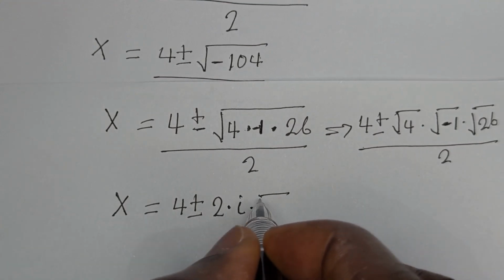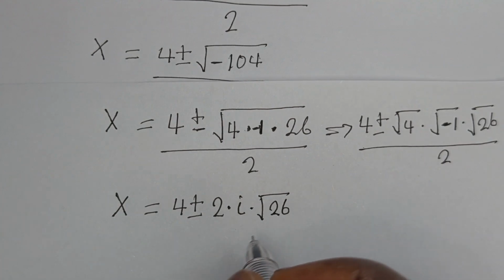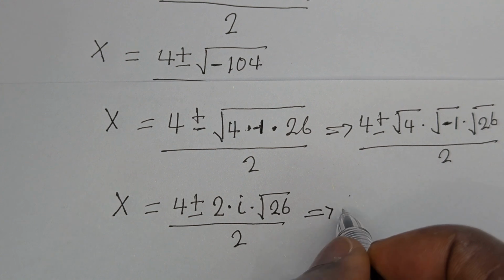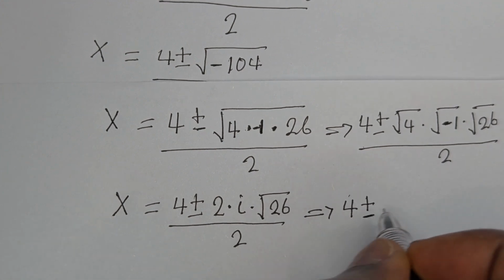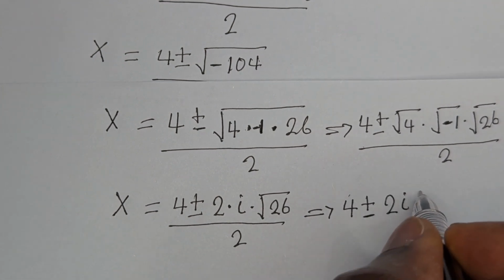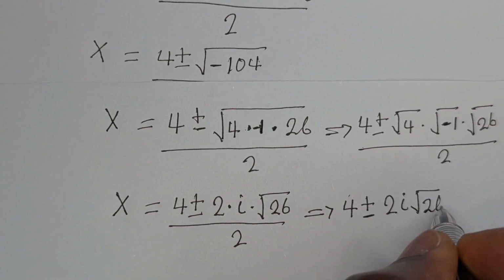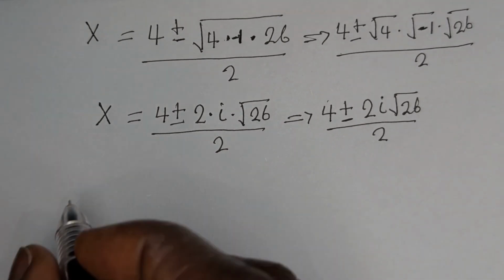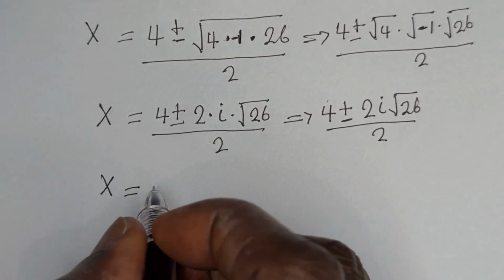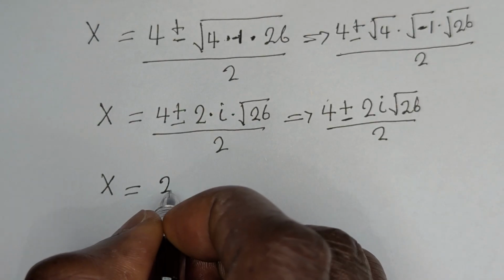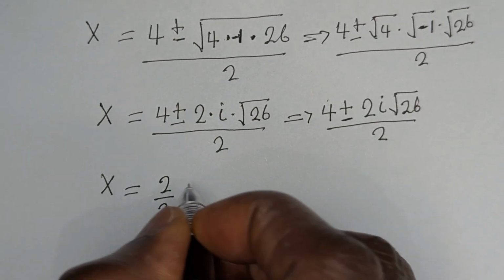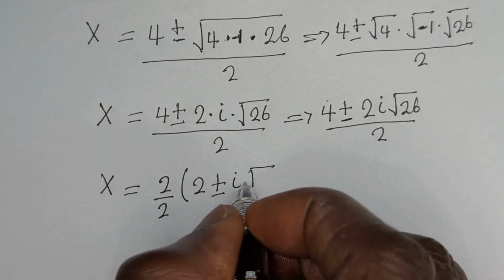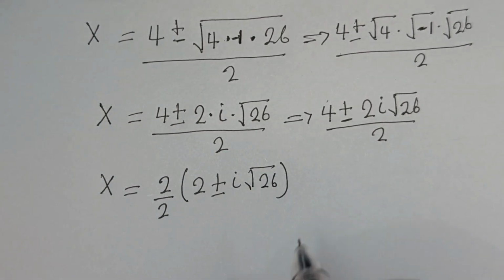Then multiply by square root of 26 over 2 is the same thing as 4 plus or minus 2i square root of 26 over 2. x is equal to 2 over 2 bracket 2 plus or minus i square root of 26 bracket.